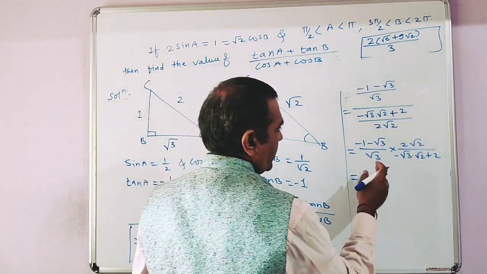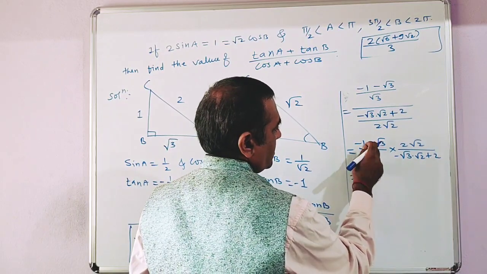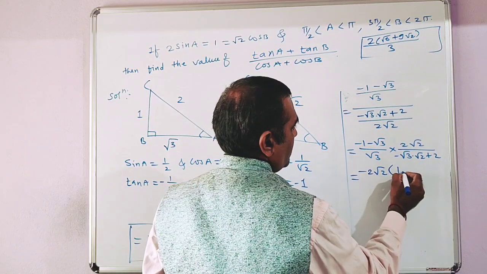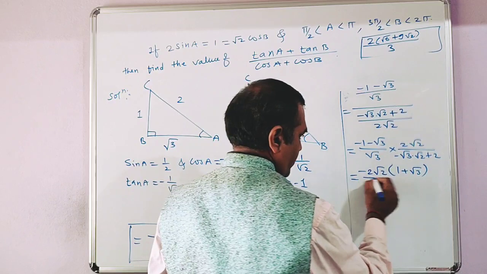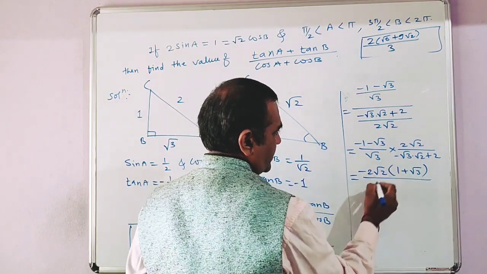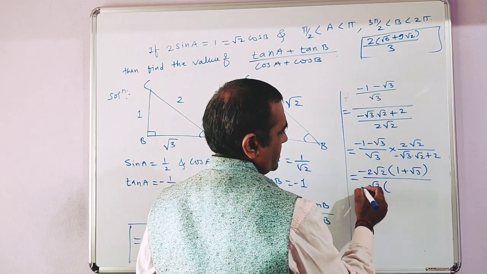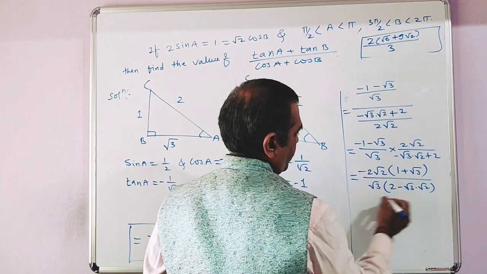Can we take out common here? See, this will be 2 root 2 minus in bracket 1 plus root 3. Correct? Here, can we take out root 2? See what will happen to this. Root 3 in bracket minus 2 minus root 3 into root 2.